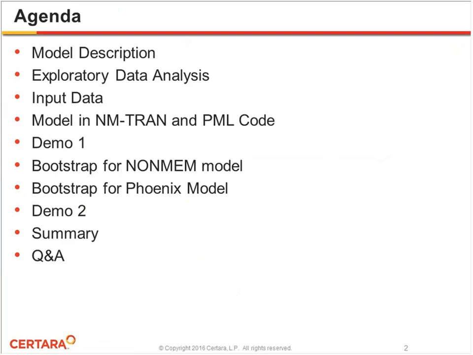This is then followed by a first demo. I'll show you in Phoenix what you need to do. Then I will explain the user interfaces in Phoenix to run Bootstrap for the NONMEM and Phoenix NLME model, followed by another demonstration, and then I will end with a summary and we can go into Q&A.